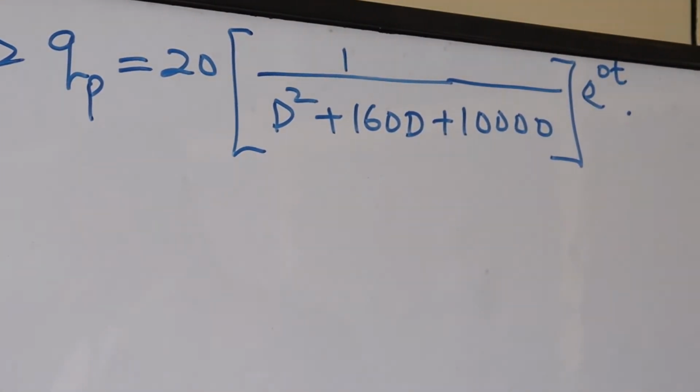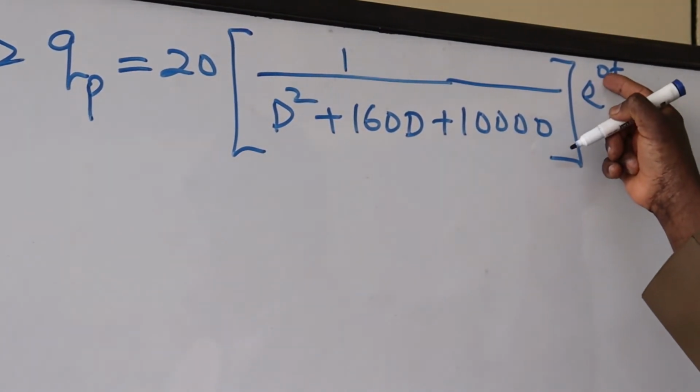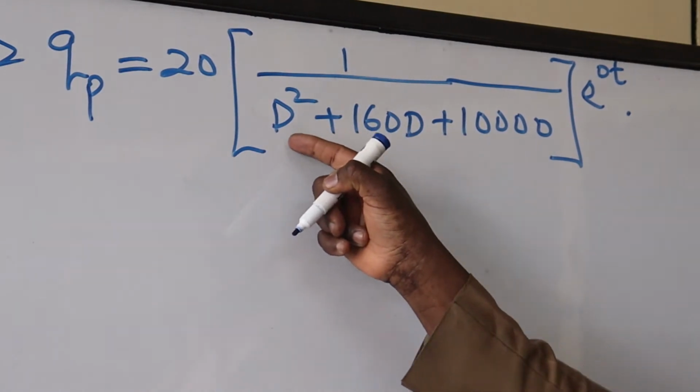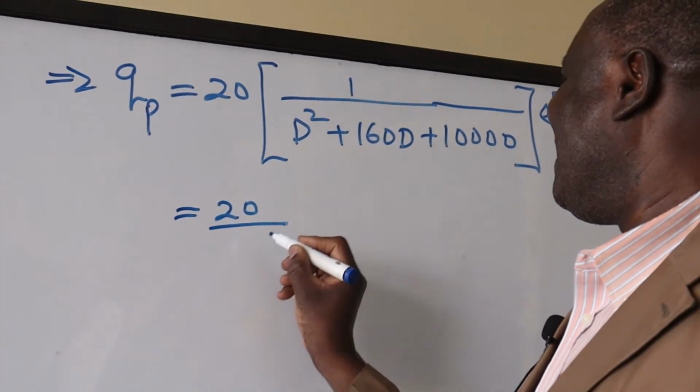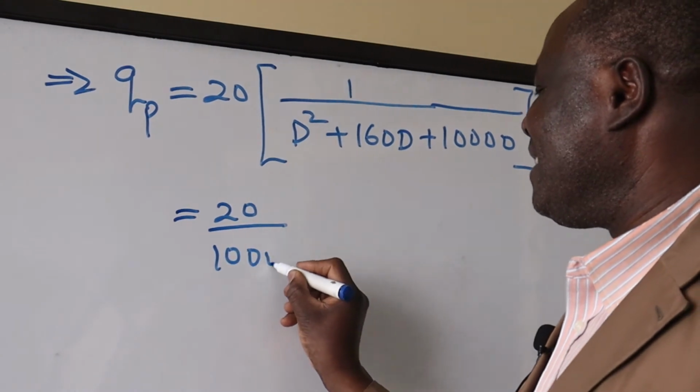Applying theorem 1, where there is a d, we insert a, and our a is 0. So when we insert 0 here, we get our QP as 20 all over 10,000.